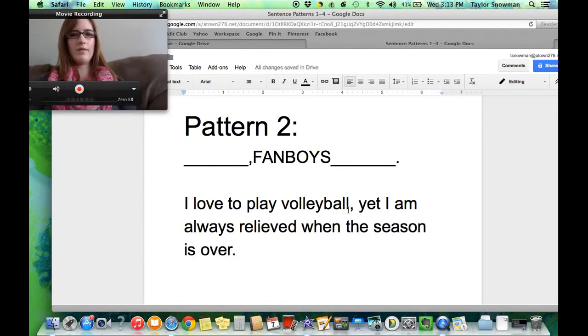So, I love to play volleyball. You can underline that. That's its own independent clause. I am always relieved when the season is over. That's its own independent clause. We have a fanboys in the middle, which is yet, and a comma right there. That comma is absolutely necessary. And now we have another pattern 2.